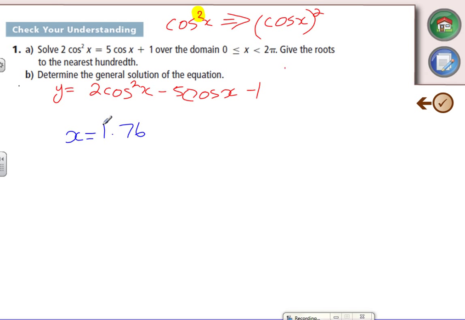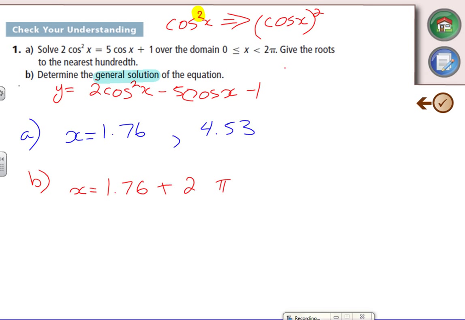That's part A. Part B now says, what's the general solution? Cookie cutter. X equals first positive solution plus the period. We've got cosine going on. Period is 2 pi, slap in your n, NEI. That first one, the 1.76, is going to happen every period of 2 pi.